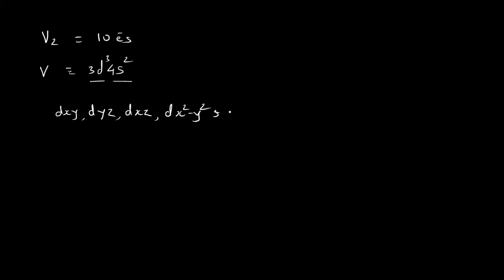And another orbital is the 4s orbital. So there are a total of 6 orbitals available. But first of all, let us find out which orbital is most suitable for the formation of the sigma bond.